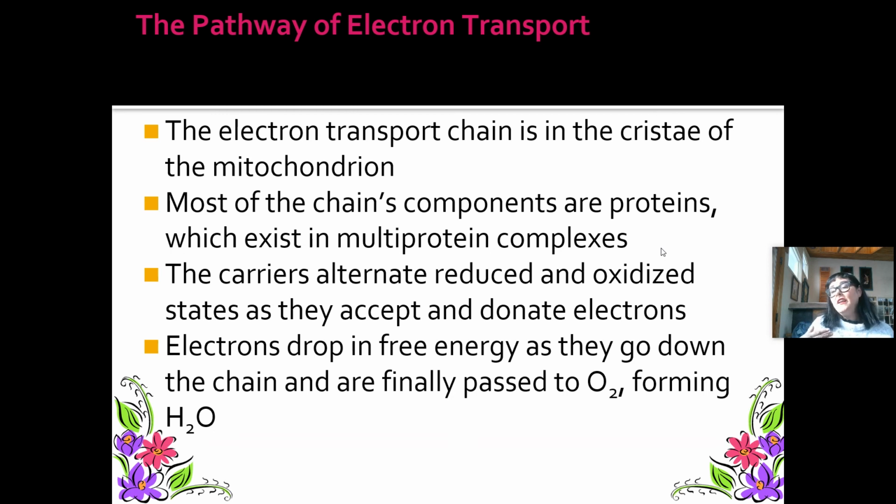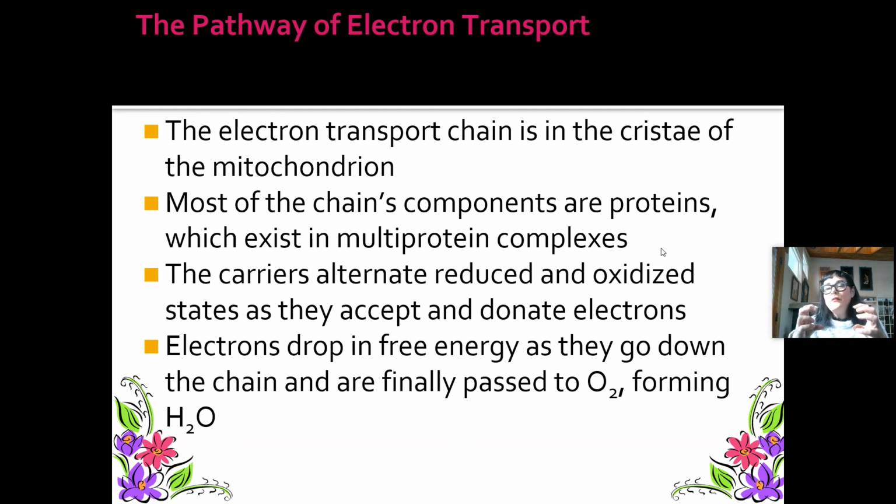So again, the electron transport chain, which we sometimes abbreviate ETC, is located in the inner membrane of the mitochondria, called cristae. When we look at the chain, and we're going to look at a diagram in a little bit, most of these are proteins, protein complexes, and some have cytochromes in them.